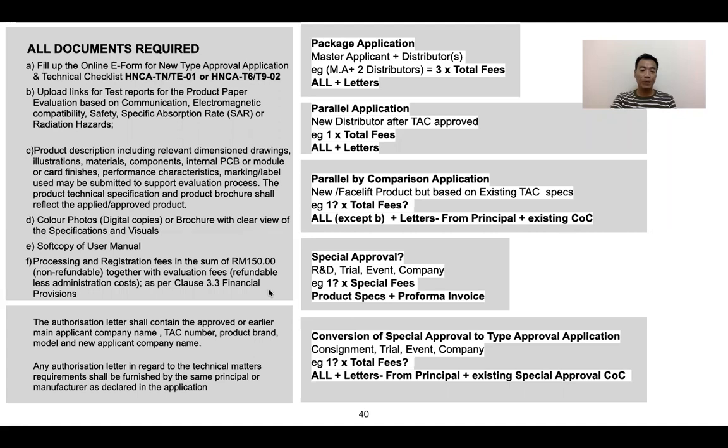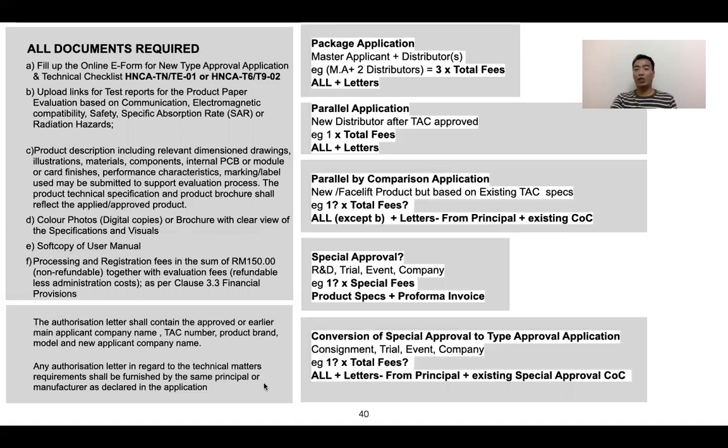Okay. All right. So we also look forward to, if you are a principal brand, you are going to do the package application together with your distributors. Please make sure you provide us with the authorization letter.